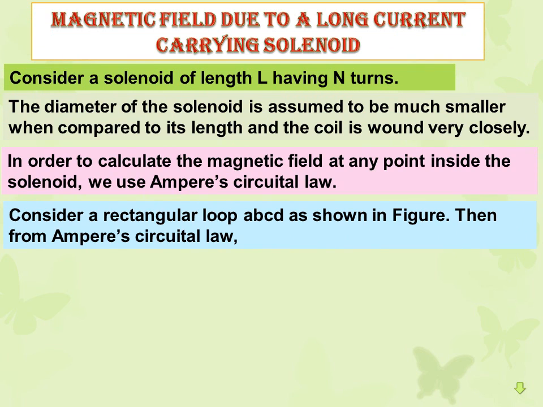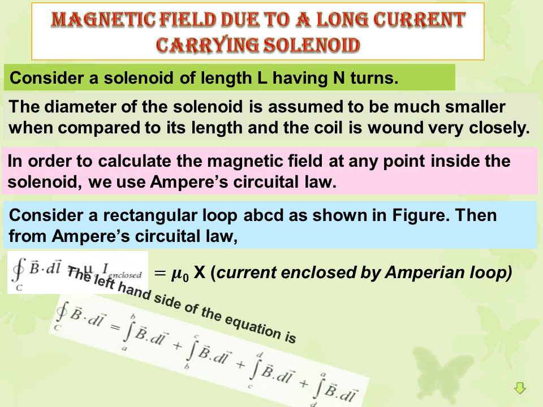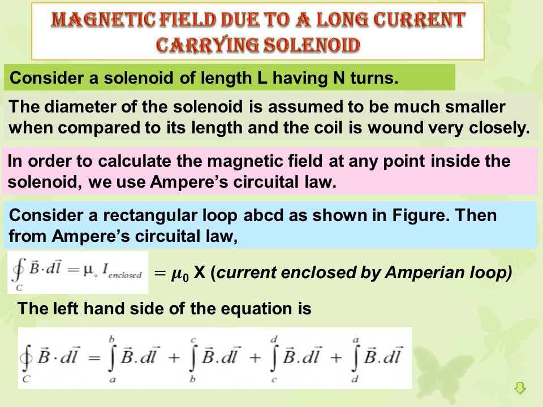Consider a rectangular loop ABCD as shown in the figure. Then from Ampere's circuital law, we get the closed integral of B dot dl equal to mu naught I enclosed, that is, mu naught times the current enclosed by the Amperean loop.